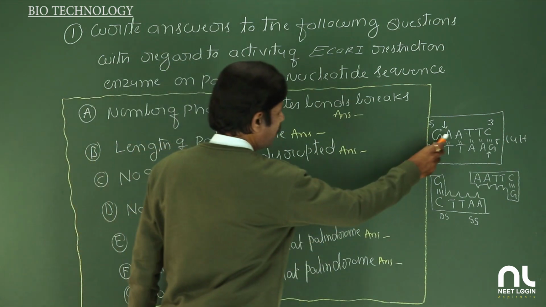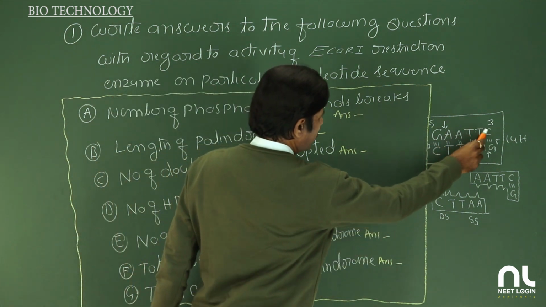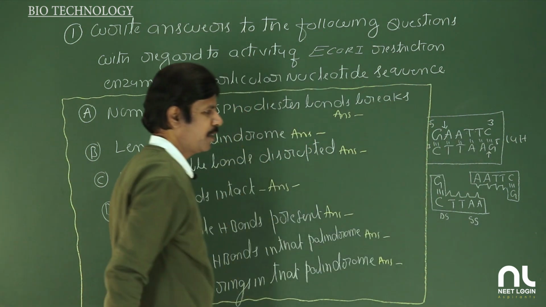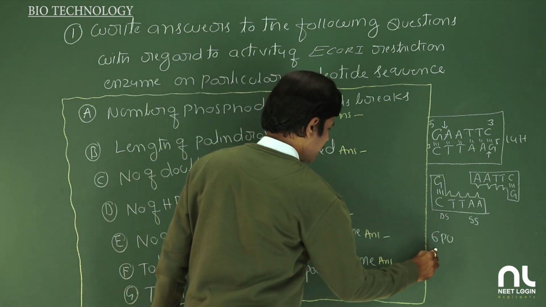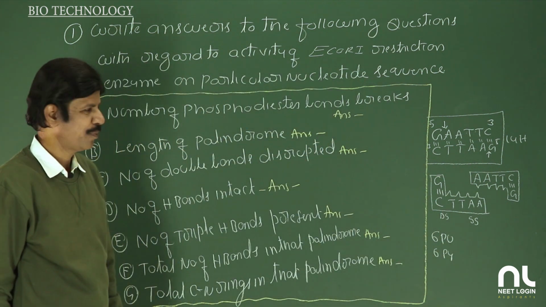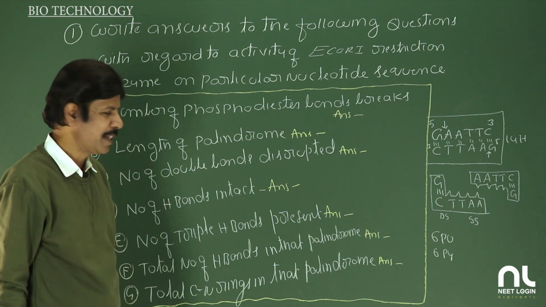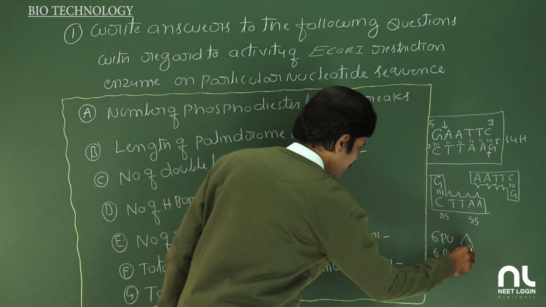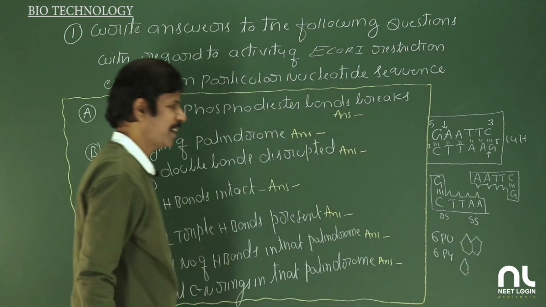In this, adenine and guanine are the purines: GAA and GAA are the purines, so it is 6 purines and 6 pyrimidines. Total it is 12 nitrogen bases. Purines are dicyclic, and pyrimidines are monocyclic.